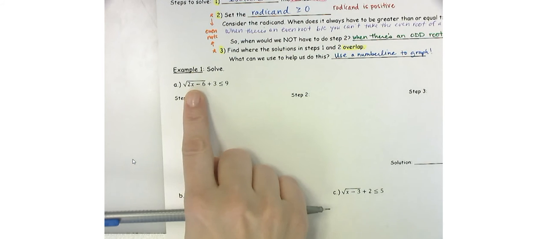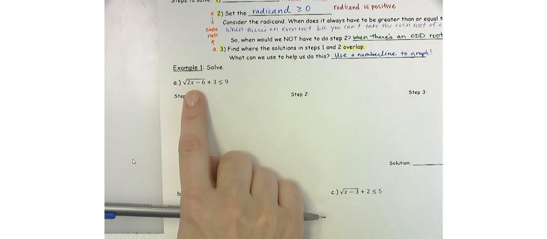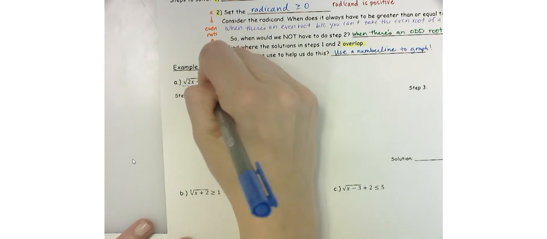By isolating the radical, you want to move over anything on the outside that's added, subtracted, multiplied, or divided. So if I want just the radical by itself, what do I have to move over? Yes. So first I'm going to subtract the 3. Then I have the square root of 2x minus 6, which is less than or equal to 6.